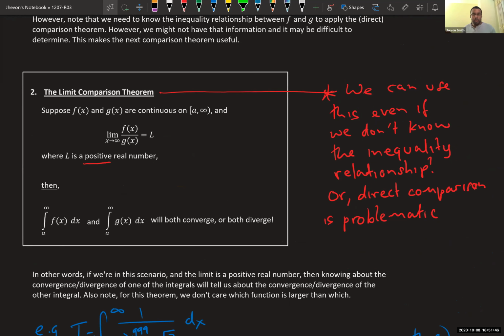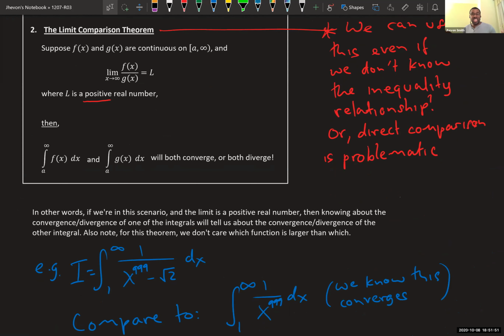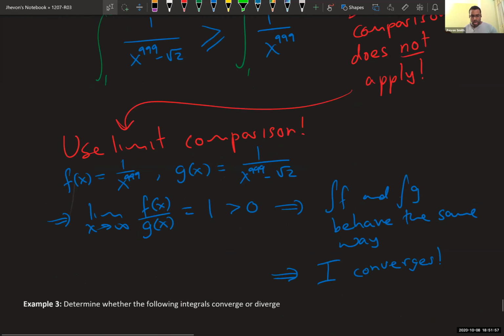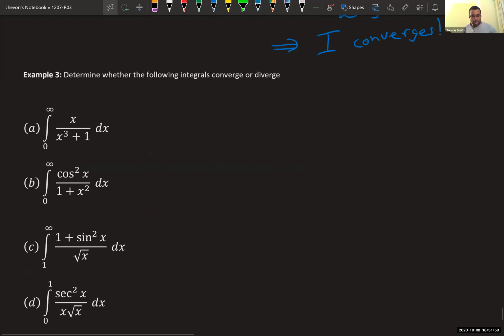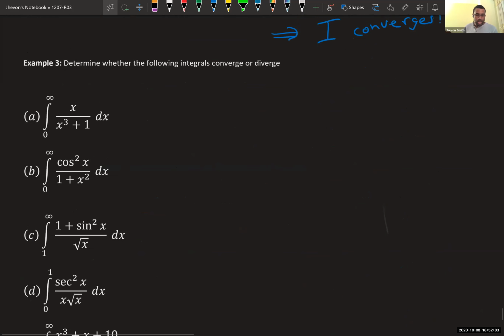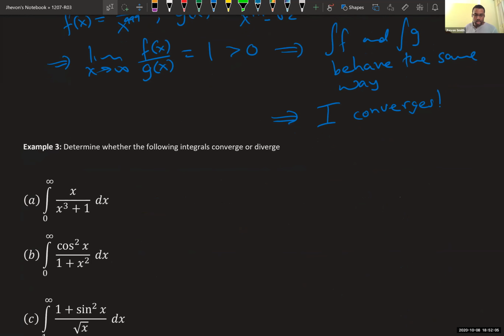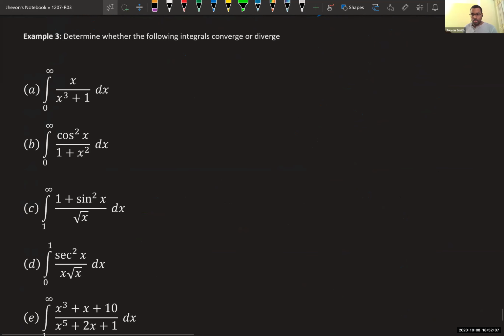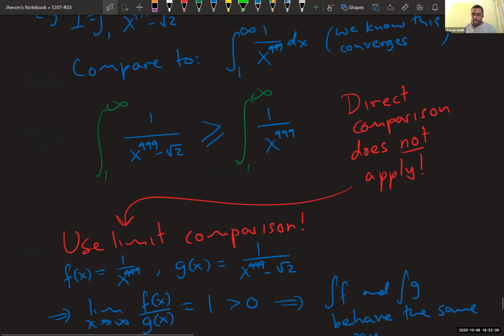But of course, with the limit comparison theorem, you'll need to know how to take limits. So it's an extra step. You only use it if you have to. But that's wrapping up. Here are some examples for you guys to try. They'll be very useful, and I will leave these in the notes. But right now we're going to wrap up there.